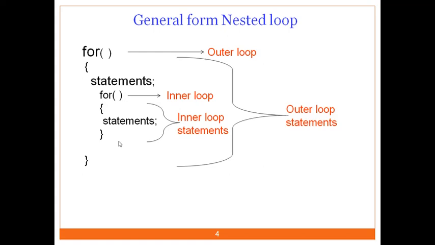The statements in between the outer loop's curly braces, from the start to the end, are called outer loop statements. The first loop is called the outer loop, and the loop inside it is called the inner loop. This is the general form of the nested loop.